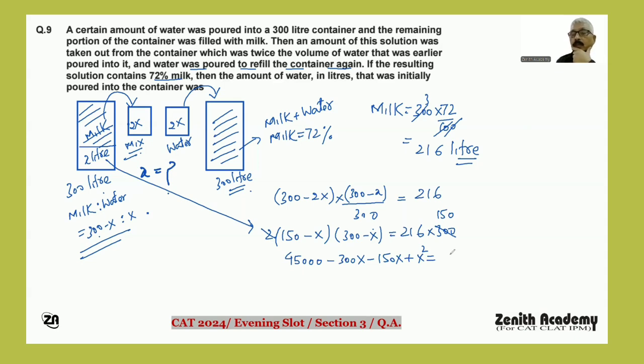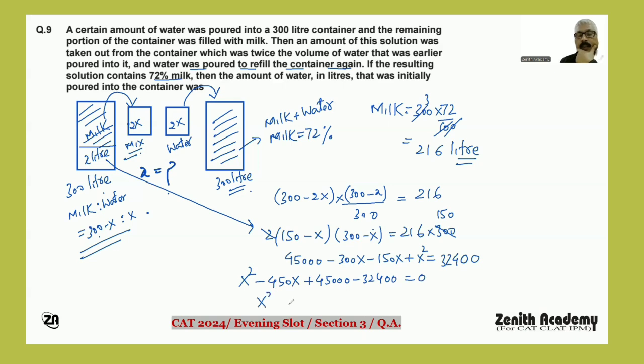And here it is 216 into 150, which is 32400. Now simplify this quadratic equation: x square minus 450x plus 45,000 minus 32400 is equal to 0.